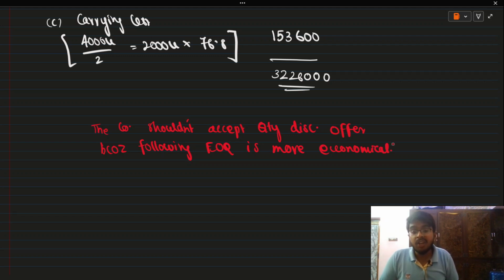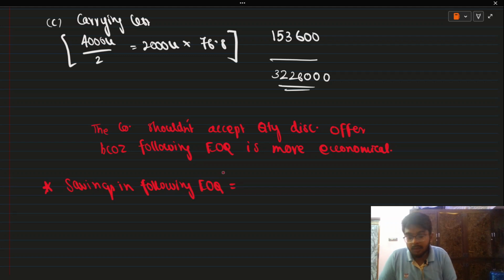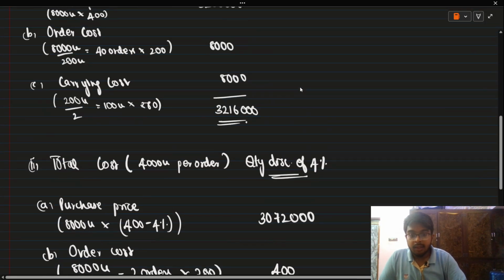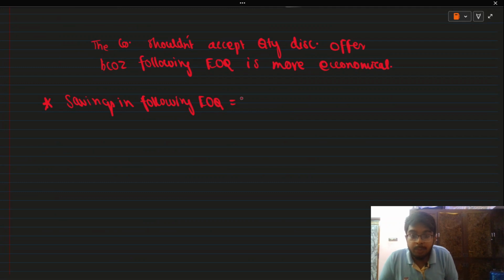Sometimes the question will also ask for savings in case of following EOQ, like illustration questions. It is not required in this question, but we can still do it. Savings in following EOQ: 32,26,000 minus 32,16,000 comes to 10,000 rupees of savings.